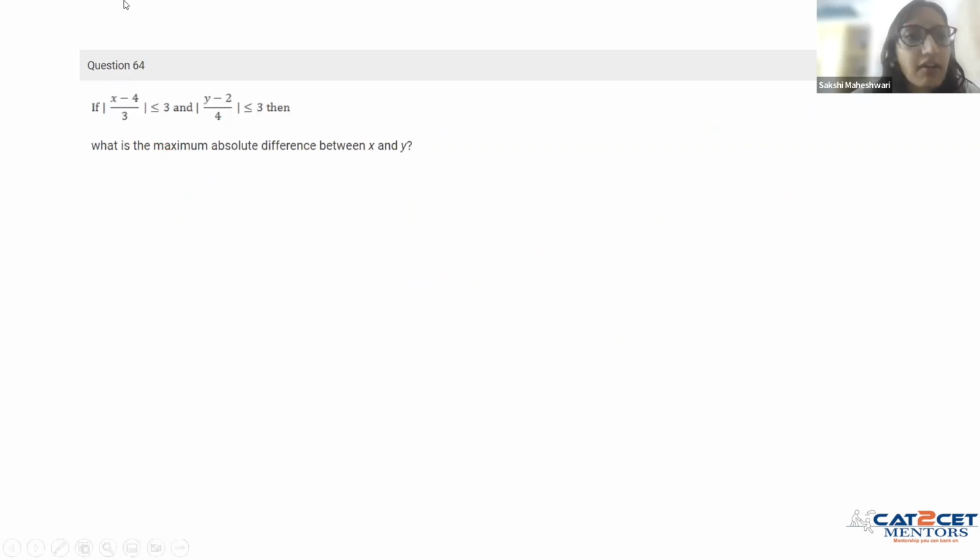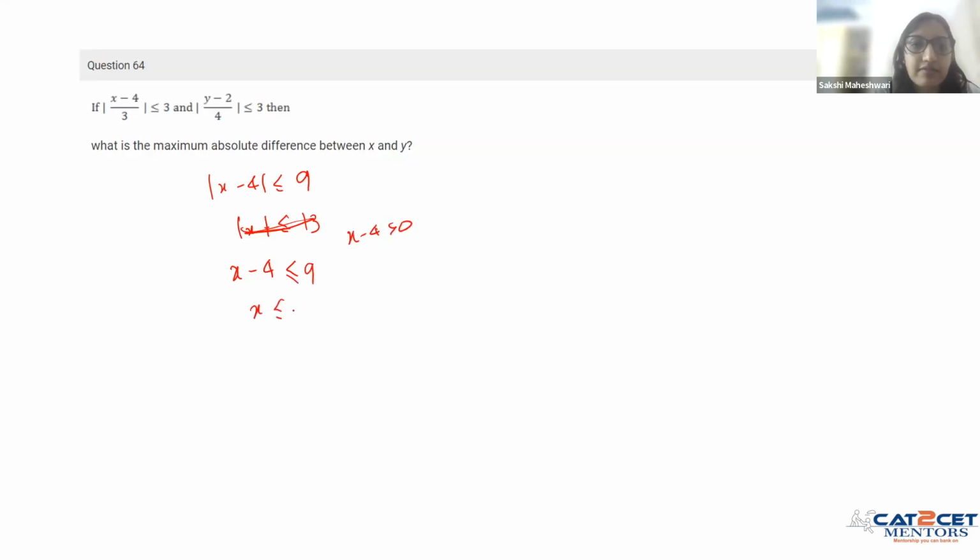Now for the maximum absolute difference between x and y, I think this is simple. You can find out the ranges. x minus 4 is less than or equal to 9. Let's not put it this way. If x minus 4 is greater than 0, then x minus 4 is less than 9, so x is less than 13. Sorry, this is 13.